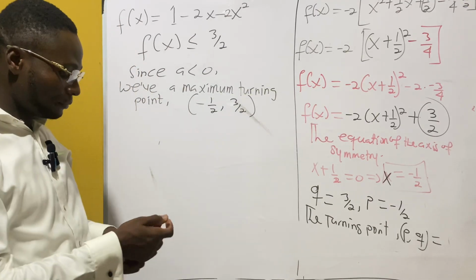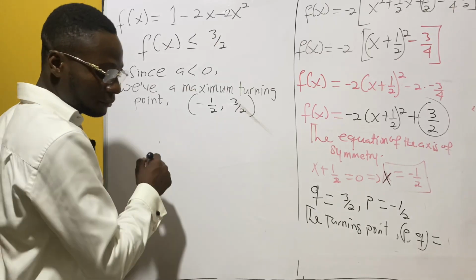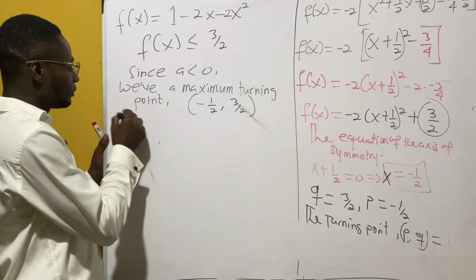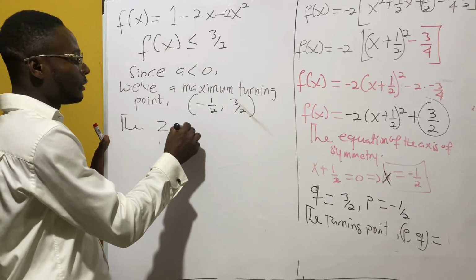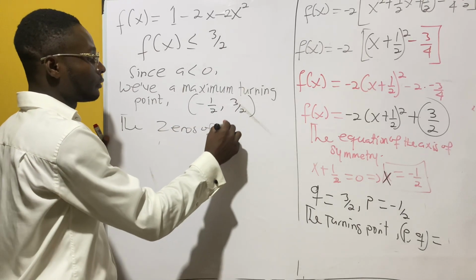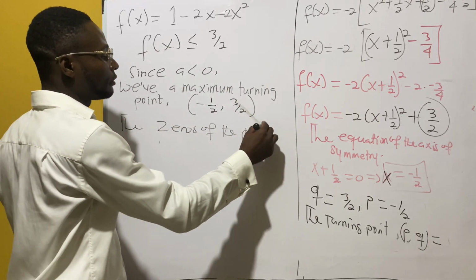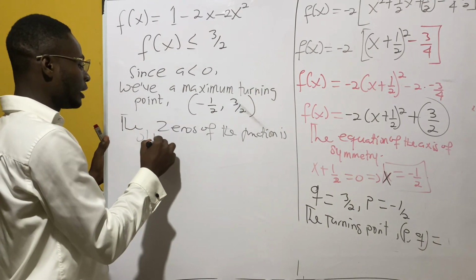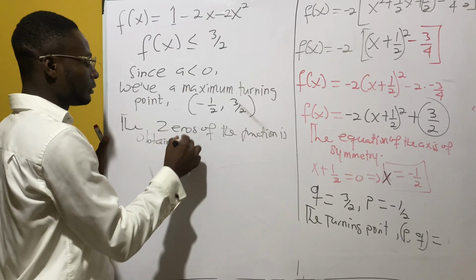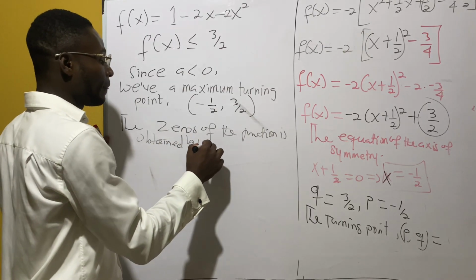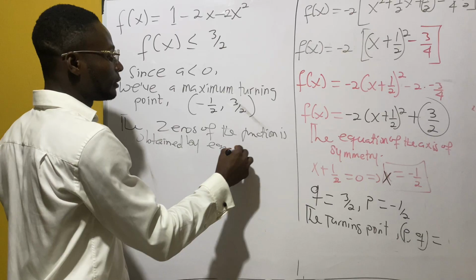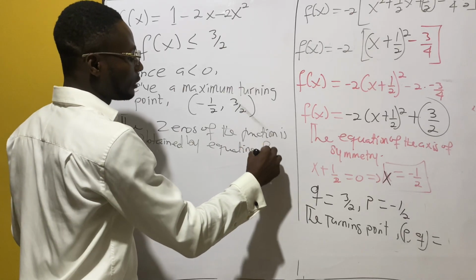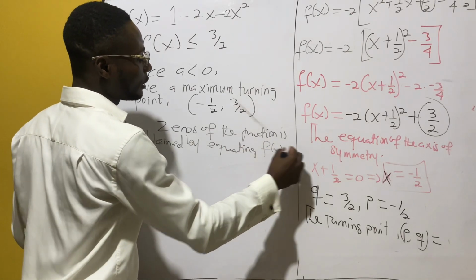So the zeros of the function are obtained by equating f of x to 0, right?